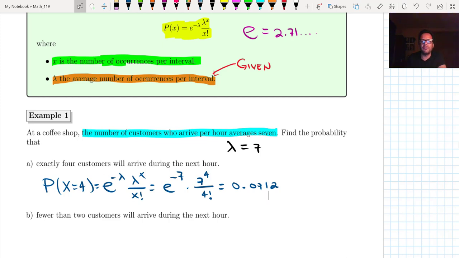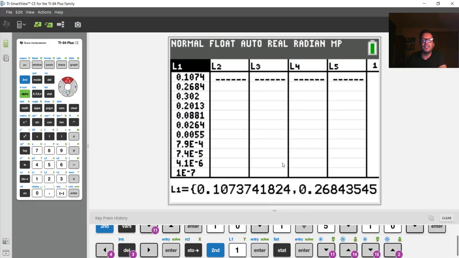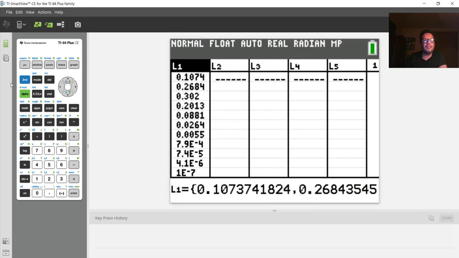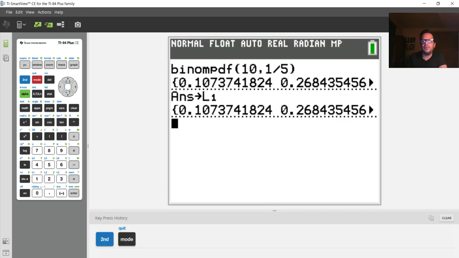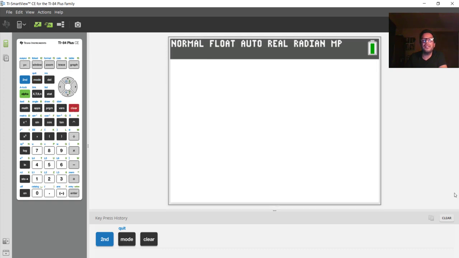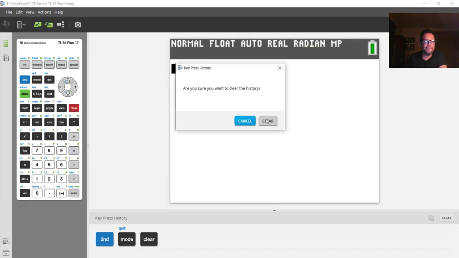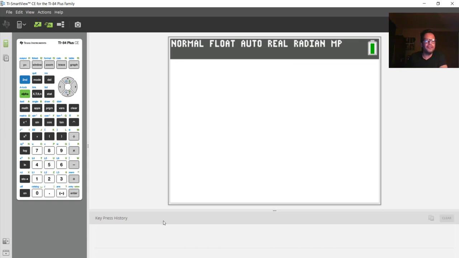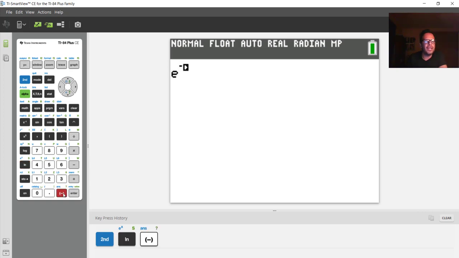Okay, let me show you how to do it in the calculator. There's a combination of factorials, exponentials, etc. Let me clear this. Okay, so we are going to type in the constant e, which is second, e to the negative.